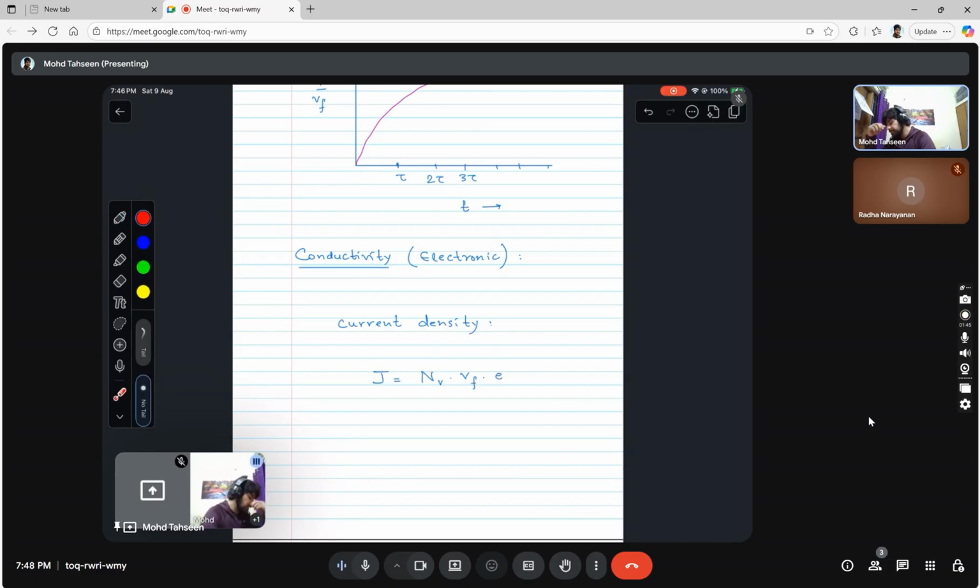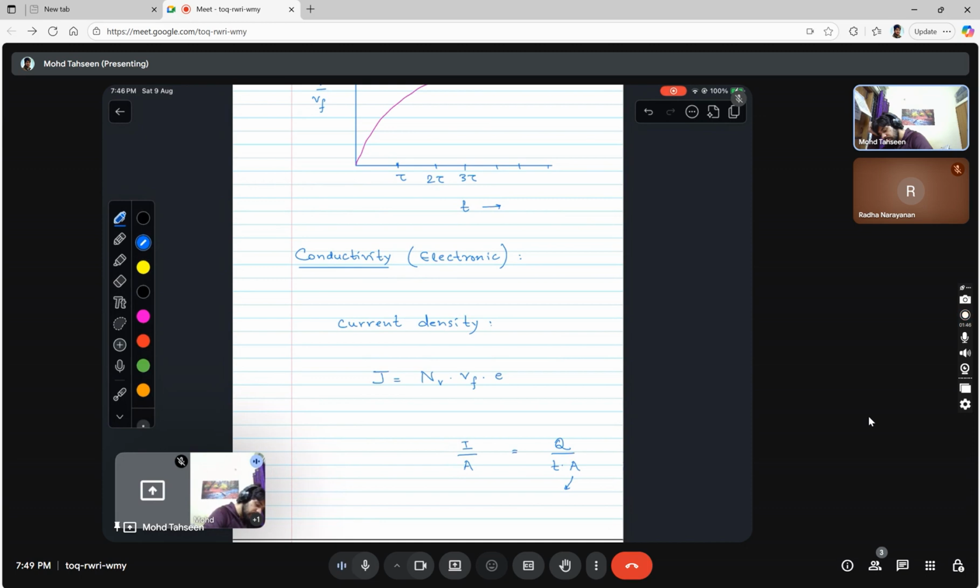So what does this say? Current density means current through a unit area. First of all there has to be a charge, because current is I by T, and I itself is equal to dq by dt. Sorry, current density is I by A, and this I is itself Q by T, so Q by T into A, where A is the cross-sectional area.